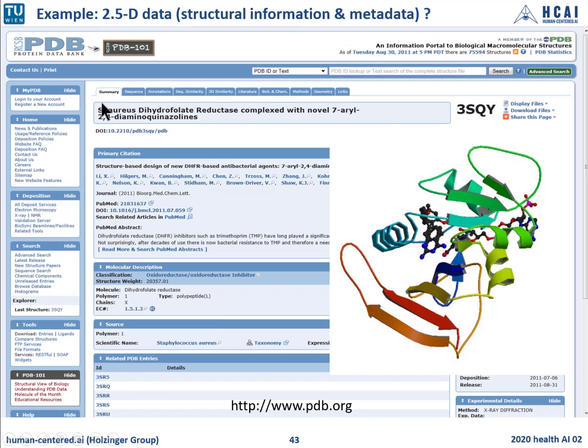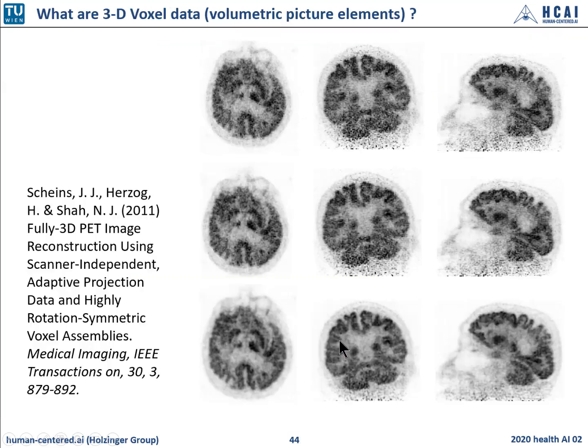And this is the 2.5-dimensional data, a structural information and metadata example from the protein database. This is very awesome. You can see here a vast amount of protein interaction data, and this is just beautiful. You can look this up.